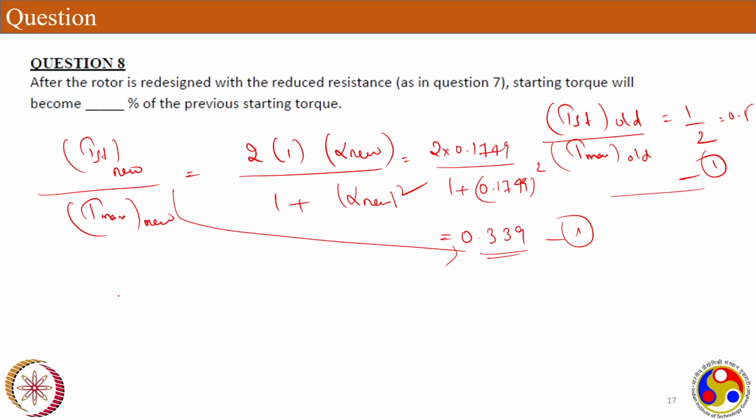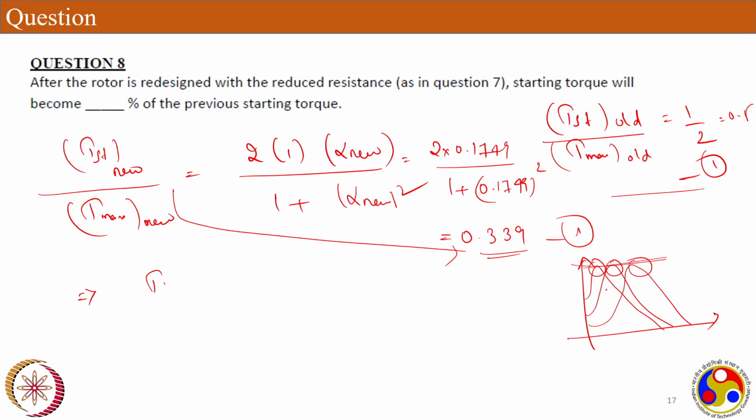You can just get the ratio of it. Now one concept you have to remember: here they are reducing the resistance. So for the reduced resistance, what remains the same?